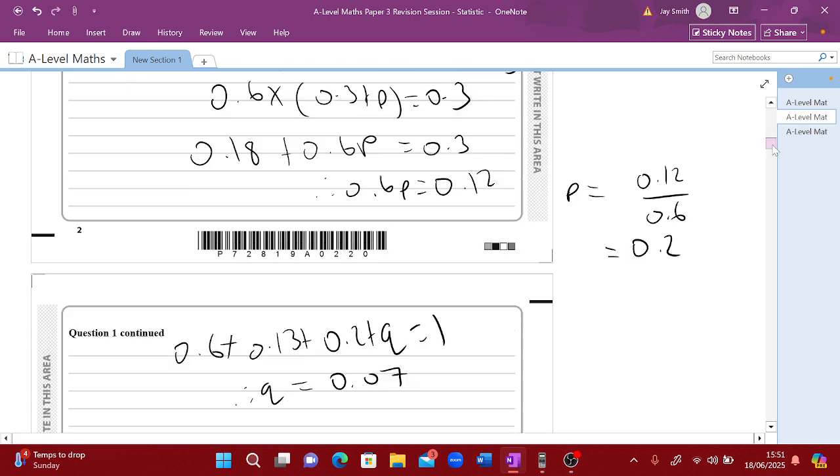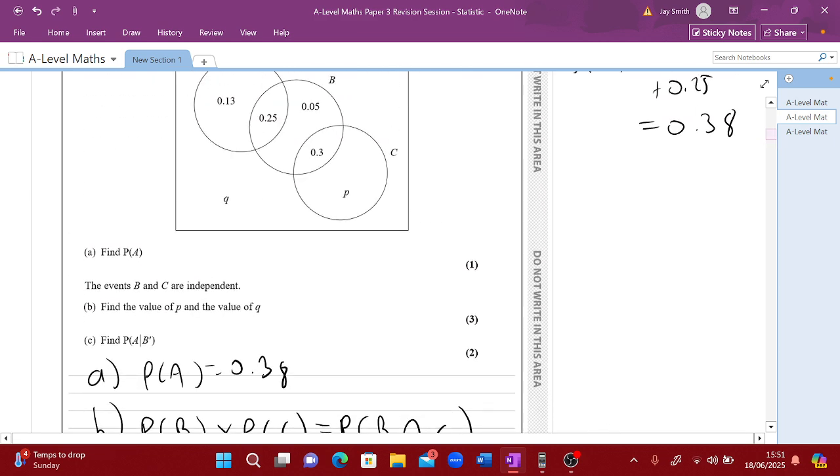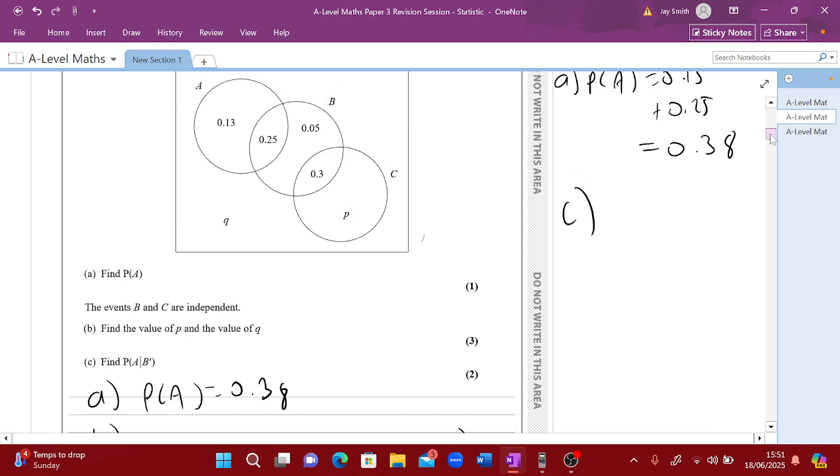Cool. Then it says for part C, find the probability of A given not B. That's what that line means, given. So we're considering B dash. Now B dash here means not in B. So all this circle B here, we want all the numbers outside of it.